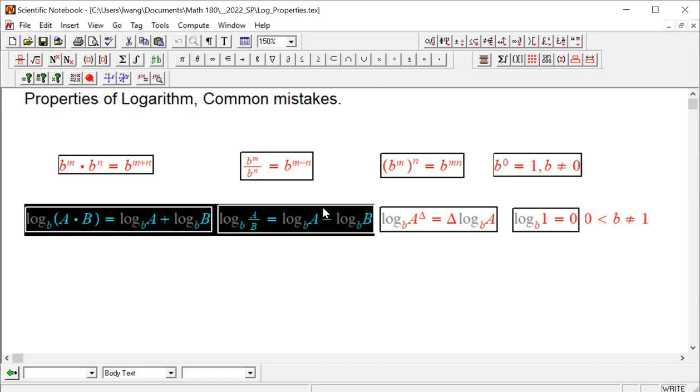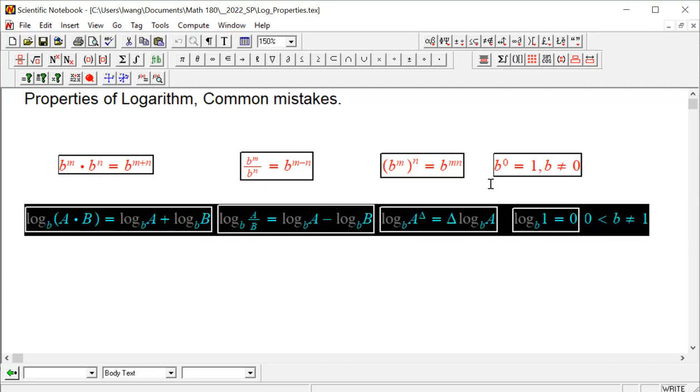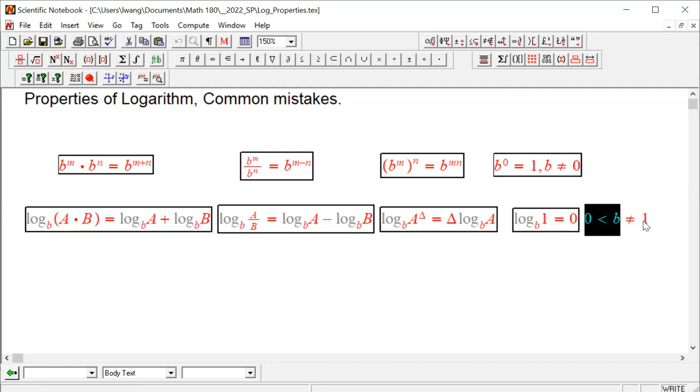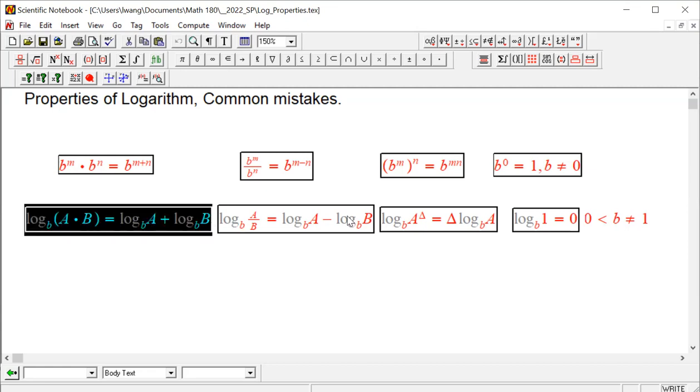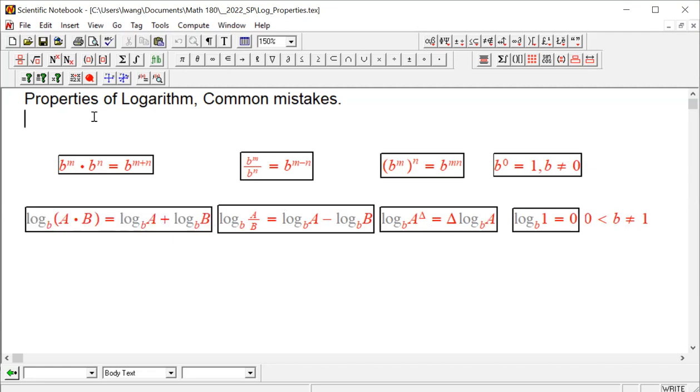But in the logarithm case, the base has to be larger than 0 and not equal to 1. And of course, there's a correspondence under these conditions: the logarithm properties are directly related to the definition of logarithm.